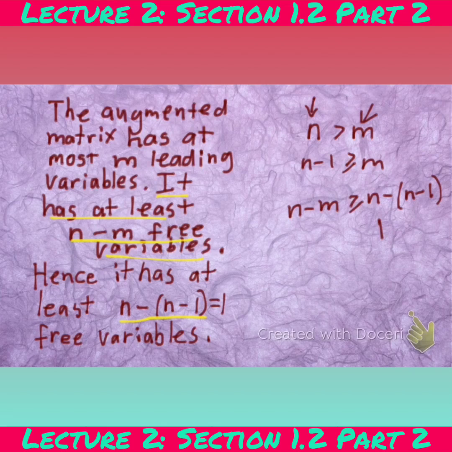So n minus m is at least 1, which means your number of free variables is at least 1. As soon as you have a free variable, you have infinitely many solutions.